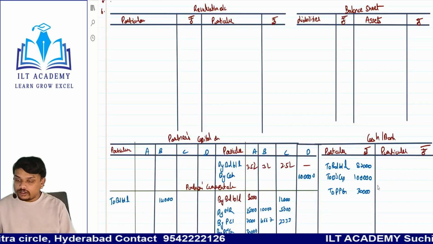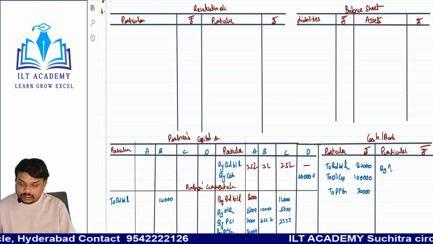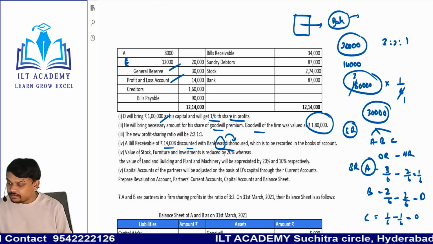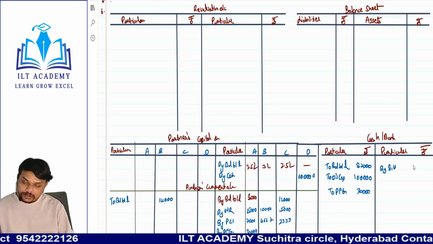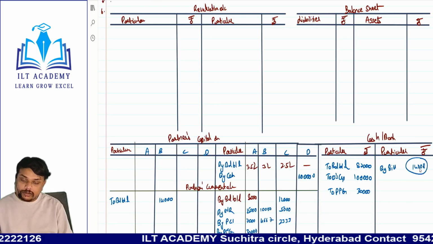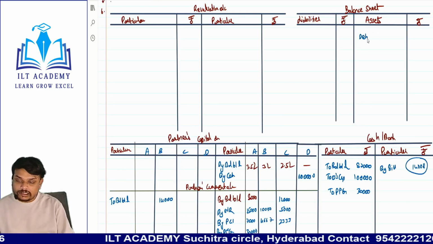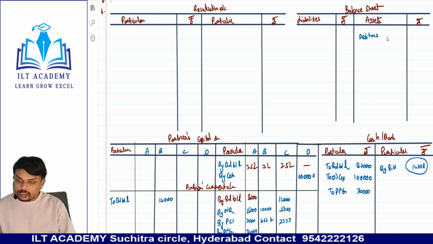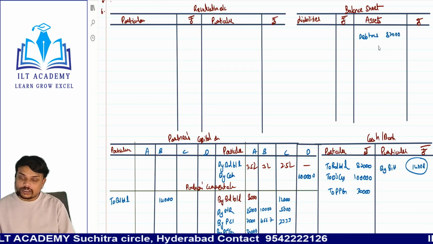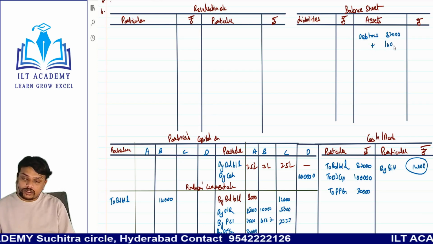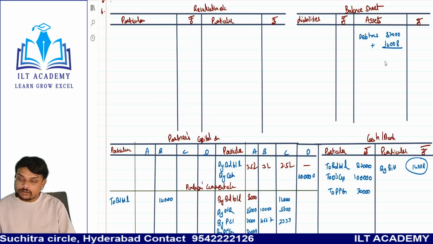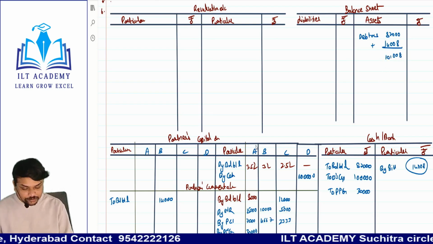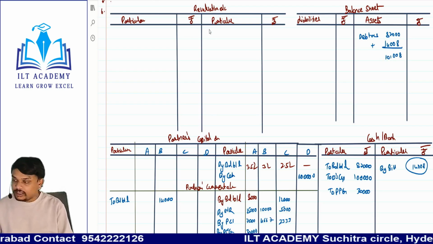With respect to the bill, 14,000 is going to be added to debtors. Debtors balance is already 87,000, so adding 14,000, it will be 1,01,000. Any doubts here?